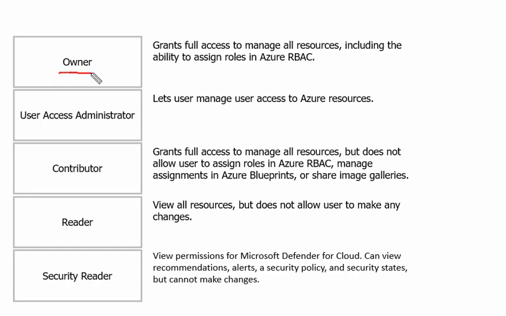First of all is the owner role. Owner role grants full access to manage all resources, including the ability to assign roles in Azure role-based access control. So, in short, this is the full access role. Next one is user access administrator.